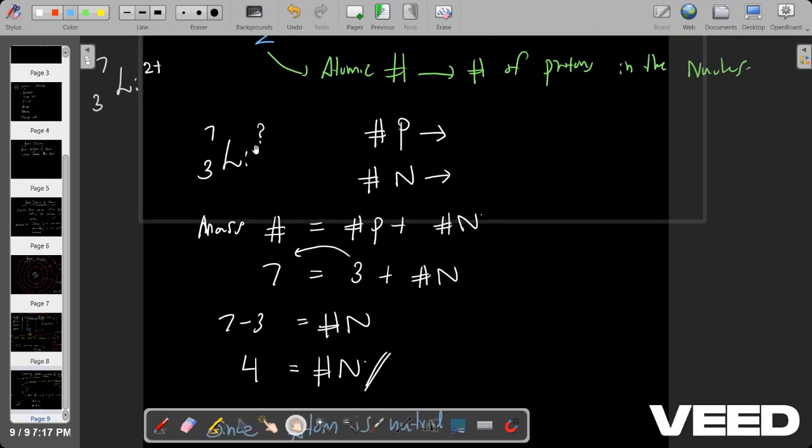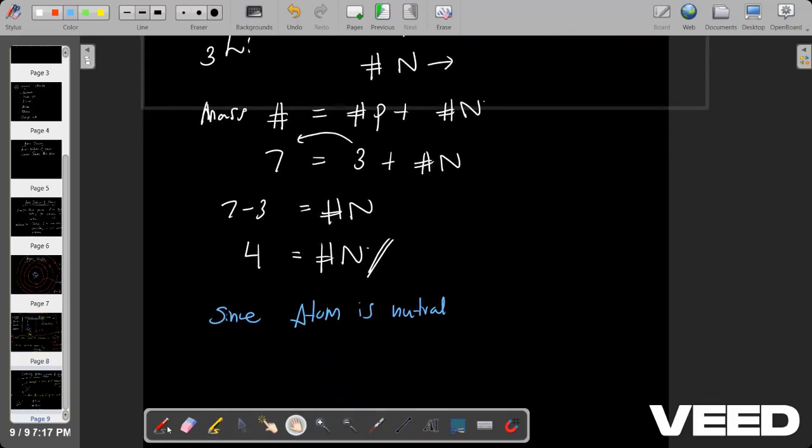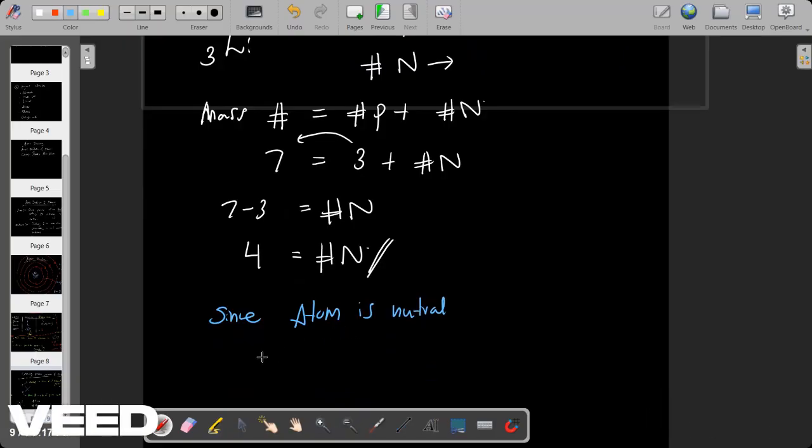Because there's no charge here. See now, we haven't put in a symbol. This is 2 plus; here no, so it is 0. You don't put the charge here. It is 0. Since the atom is neutral, always when the atom is neutral, the number of protons and the number of electrons are always the same.